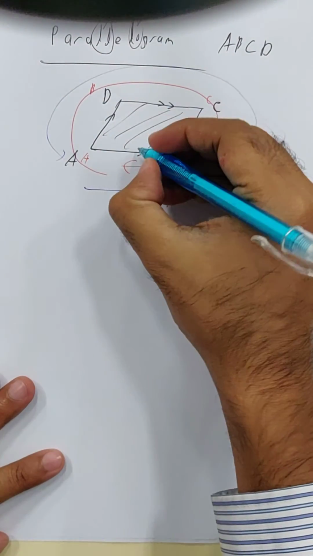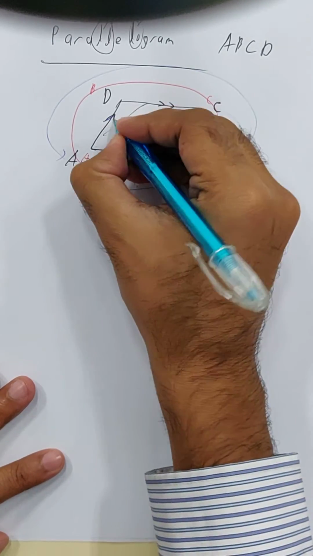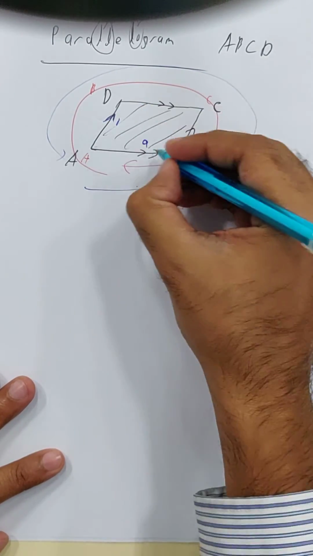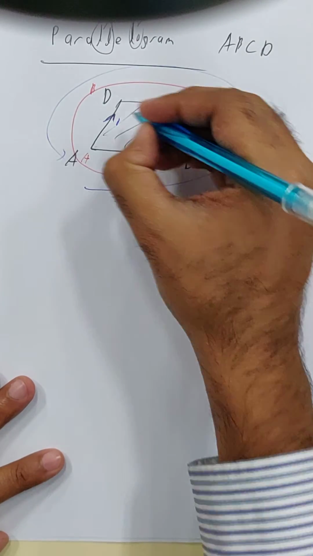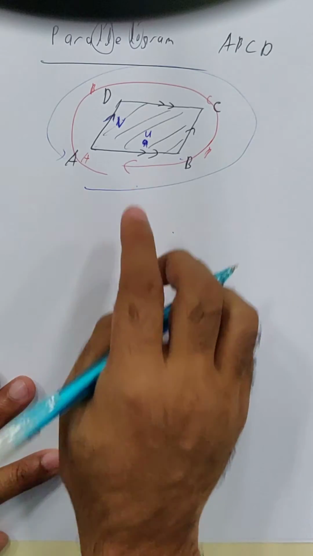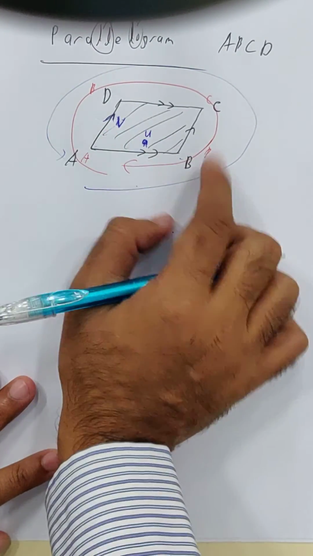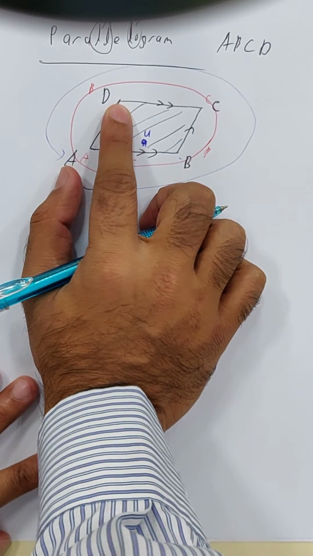Okay, let's say we have this vector, and for the sake of easy conversation, let's call them U and V. Let's say this is U, and this is V. The A, B, C, D just now are points.